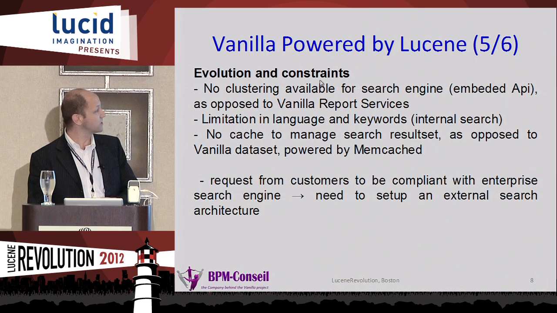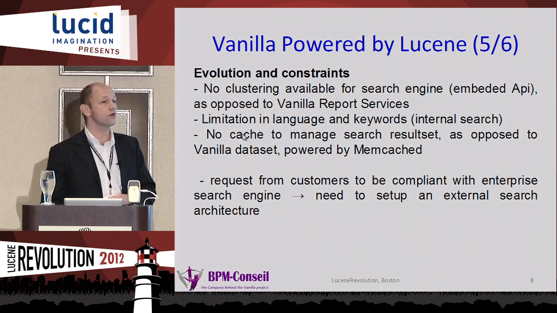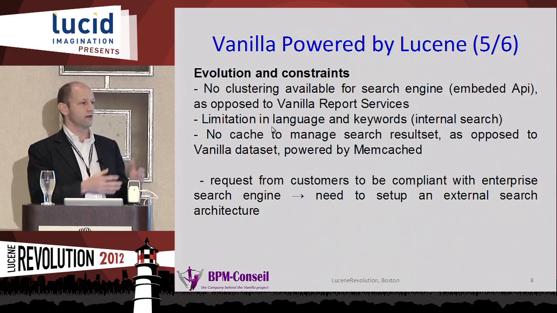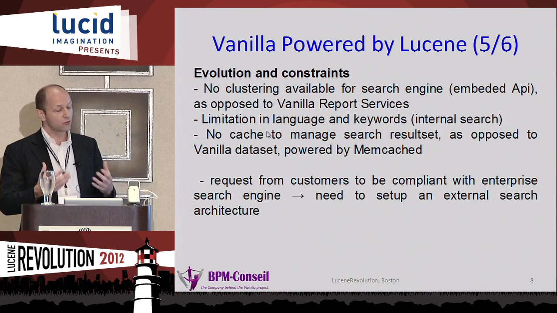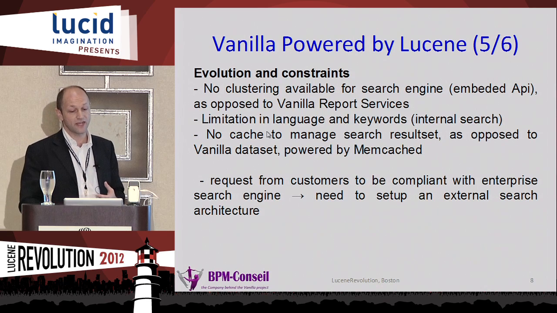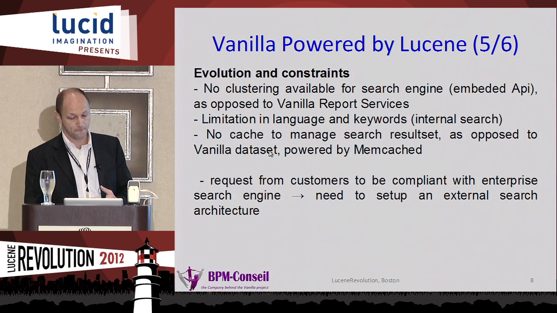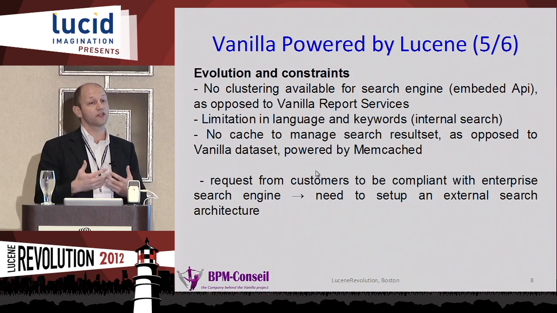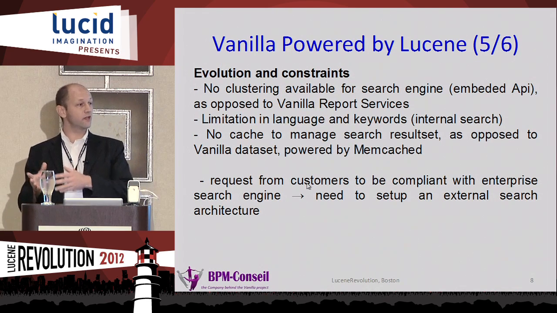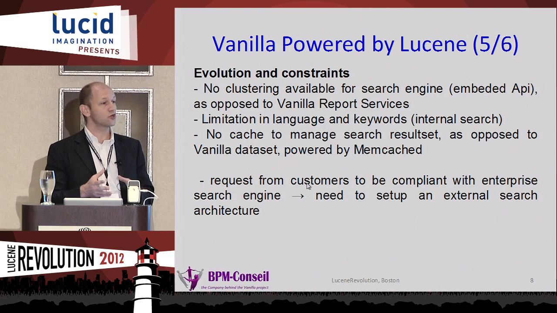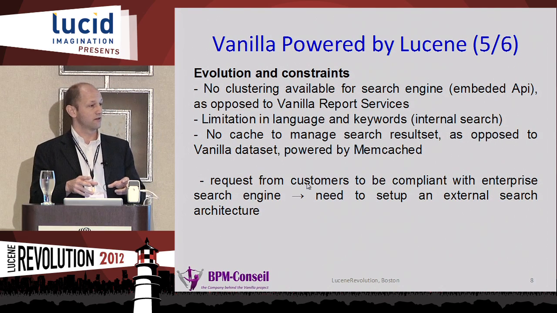Another thing, and with those three things, I mean, during 1 year and something, it was okay. It was a limitation, but it's running. But we decided to move to something else based on the second thing. Some customers started to have Solr Lucene. And they said, why do you have Lucene and we have Solr Lucene? Why should I have two indexes?